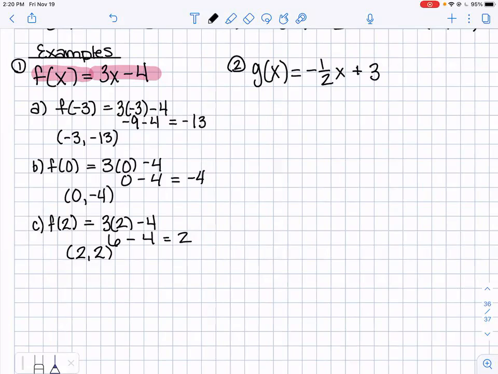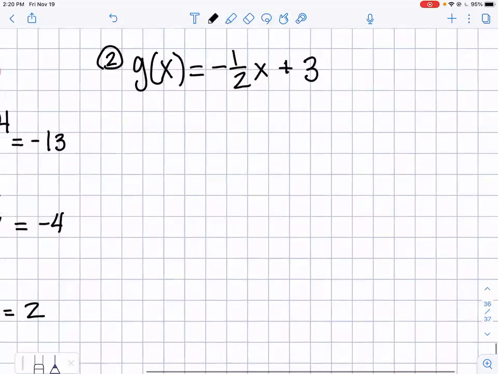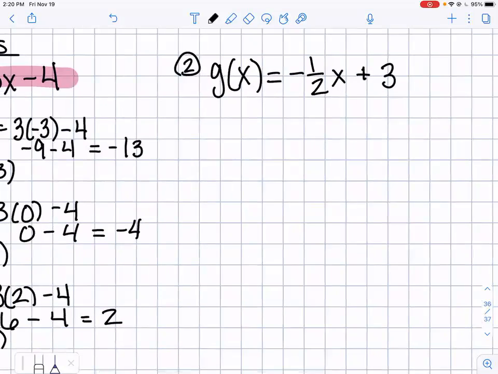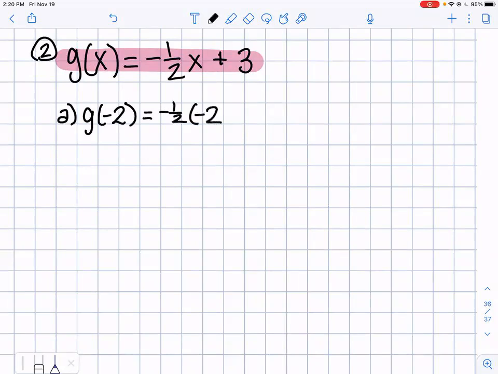Okay, g of x equals negative 1/2 x plus 3. What I need you to do is find g of negative 2. We're using this rule. All we're doing is putting negative 2 in for x. Negative 1/2 times negative 2 plus 3.